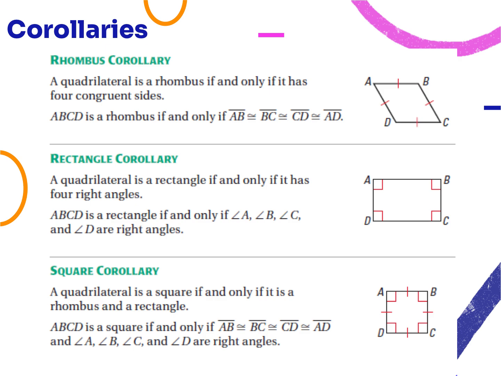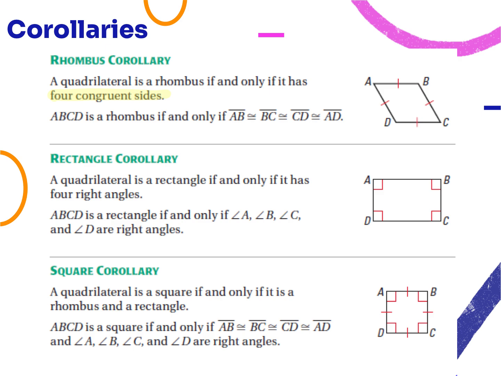All right, corollaries, we have a rhombus corollary. A quadrilateral is a rhombus if and only if it has 4 congruent sides. Keep in mind, if and only if, I could switch the order. It's biconditional. I could put it in any order.